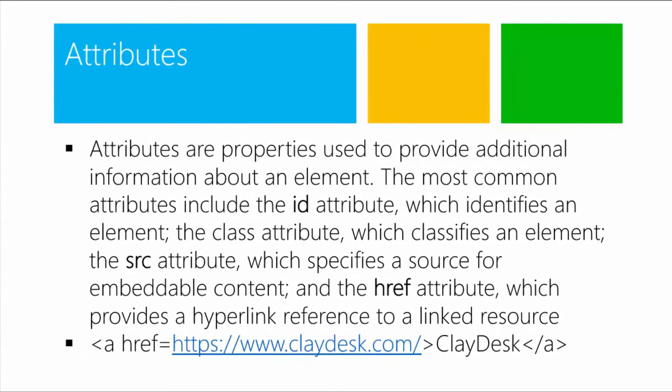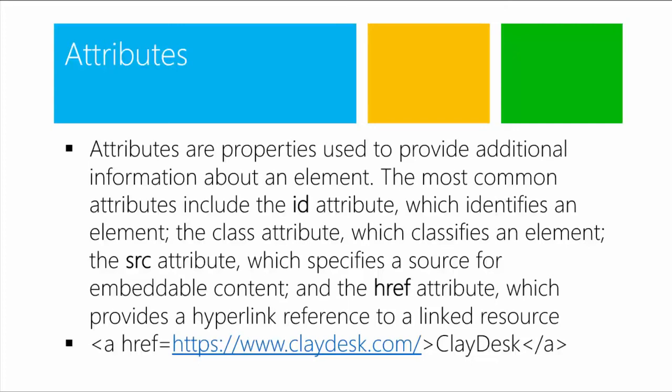And then the third term is attributes. Attributes are properties used to provide additional information about an element. So for instance, the most common attributes include the ID attribute, which simply identifies an element, the class attribute, which classifies an element, or the src attribute, which specifies a source for embeddable content, such as when we insert images onto our web page, the HTML used will contain the src attribute.